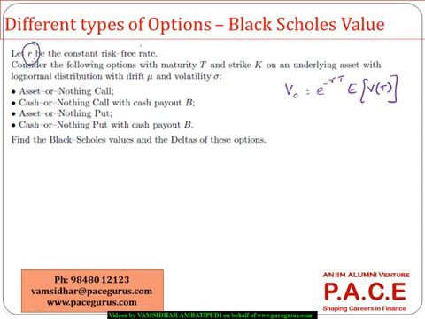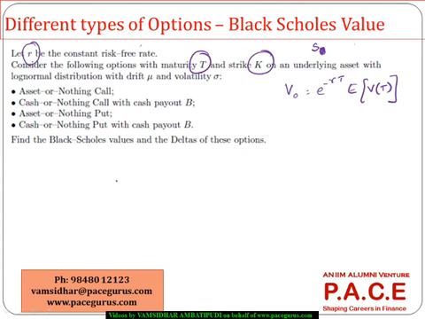So take r as the risk-free rate of return, which is constant, maturity T, strike price K, underlying asset ST, with the current price S0, with a lognormal distribution with mu and volatility sigma.